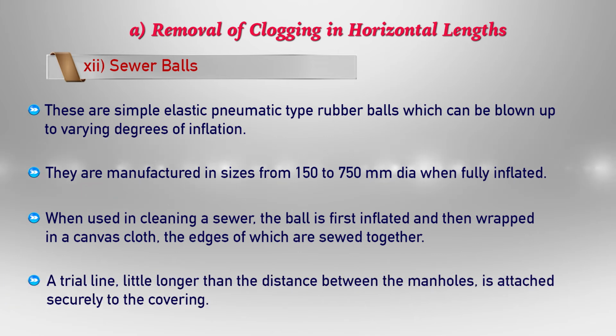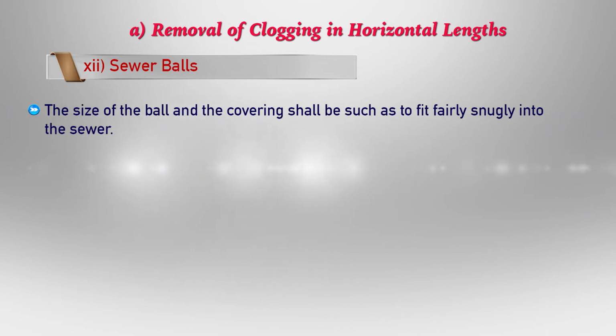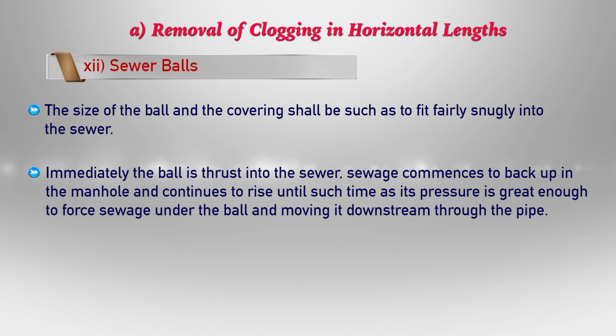A trial line little longer than the distance between the manholes is attached securely to the covering. The size of the ball and the covering shall be such as to fit fairly snugly into the sewer. Immediately the ball is thrust into the sewer, sewage commences to back up in the manhole and continues to rise till such time as its pressure is great enough to force sewage under the ball and move it downstream through the pipe.